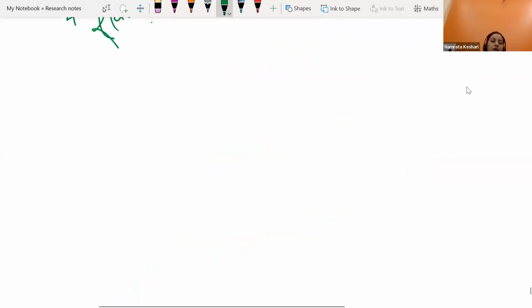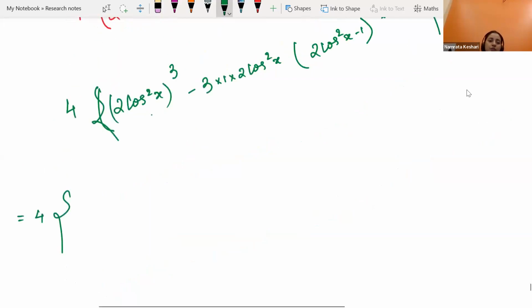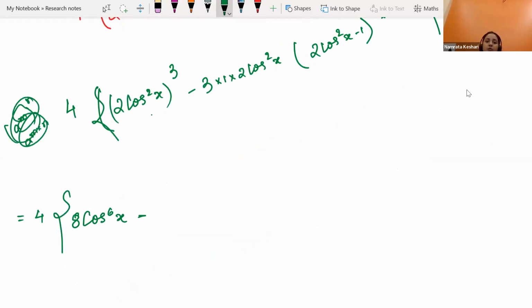So now we will have 4. 2 cos square x whole cube will be 8 cos to the power 6x, right? See, (a to the power m) to the power n is a to the power m into n, so we need to multiply the powers. Minus 3 into 6 cos square x, which we have over here.